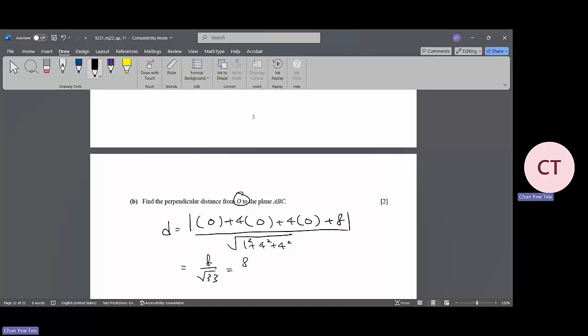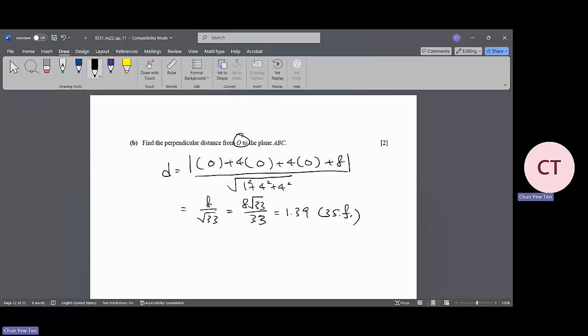You can give the answer as a fraction, or you can give me the decimal in 3 significant figures. You can give the answer in any one of these here. So this will be the answer for the part B.